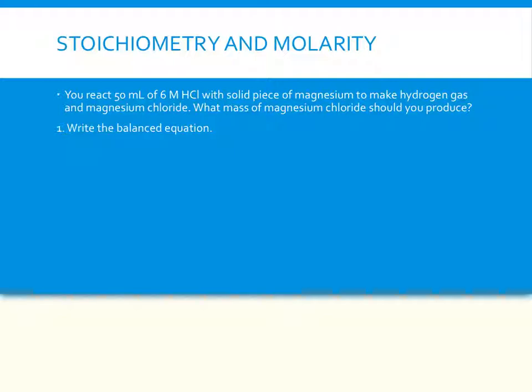So, just like before, you have to start by writing out your balanced equation. Alright? So based on reading here, it says you react 50 milliliters of 6 molar hydrochloric acid, so that's one of my reactants, with a solid piece of magnesium to make hydrogen gas. Think carefully about how to write that. Gotta remember it's diatomic.